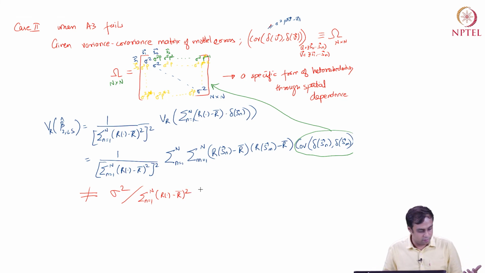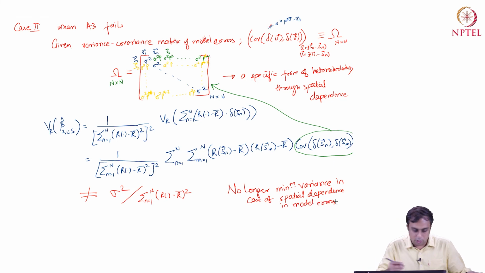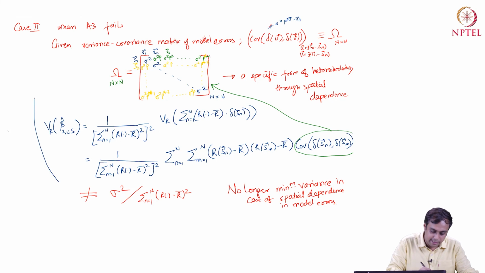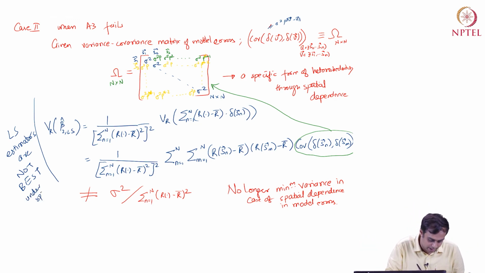So we no longer have minimum variance in case of spatial dependence in model errors. The final implication is that the least squares estimators are not best under spatial dependence.